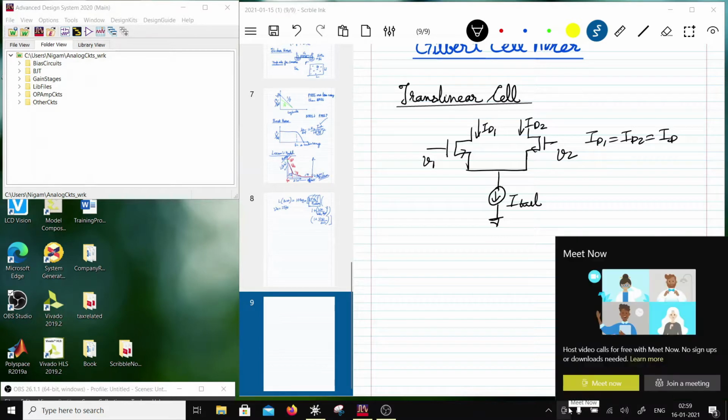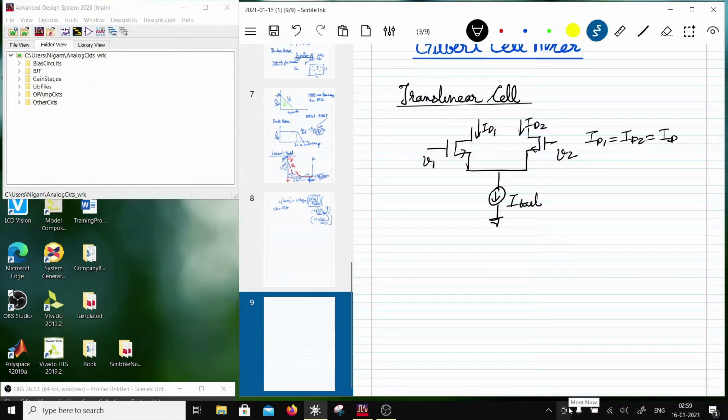Now if I apply a certain differential voltage V1 minus V2, then one current would go up. For example, V1 is higher, so this is a positive quantity. V1 is higher than V2, so in that case ID1 will go up and ID2 will go down, but the sum ID1 plus ID2 will be equal to I tail.